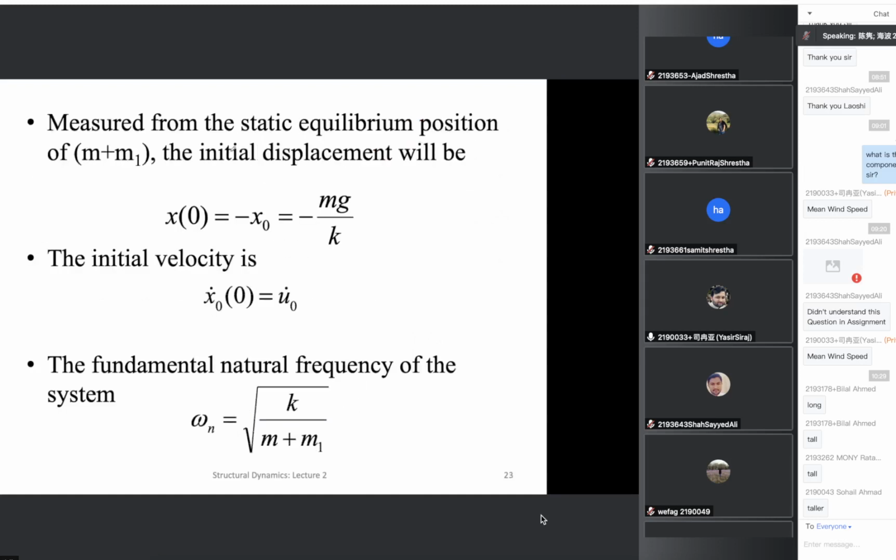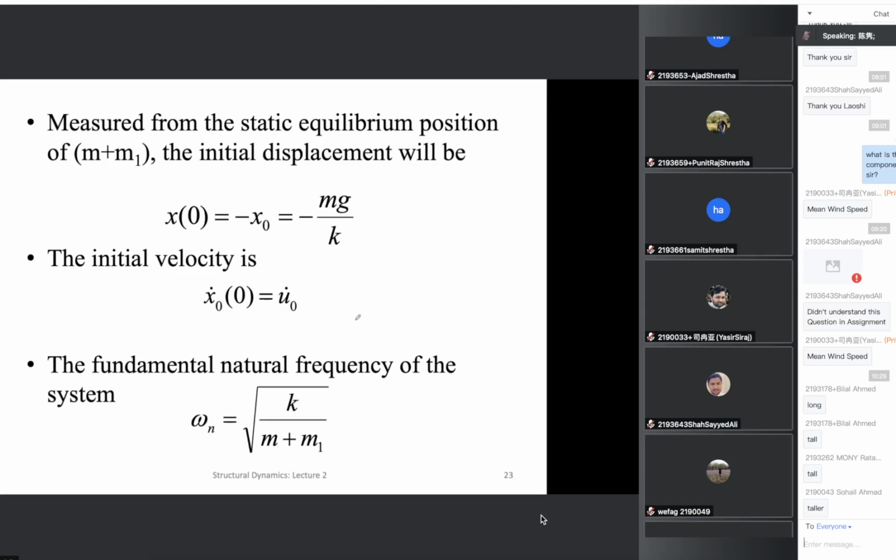Very good. But I forgot to ask you about the sign. You have already compressed the spring, and the positive direction is down, so it should be minus m2 g over k. You have a minus here because it's the negative direction. So this is the initial displacement.